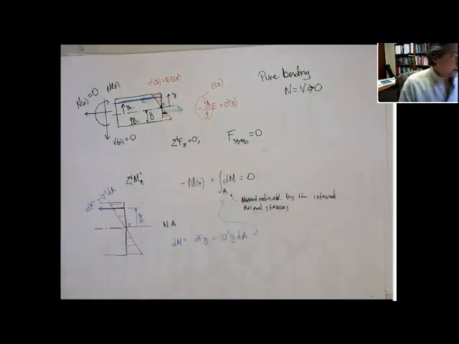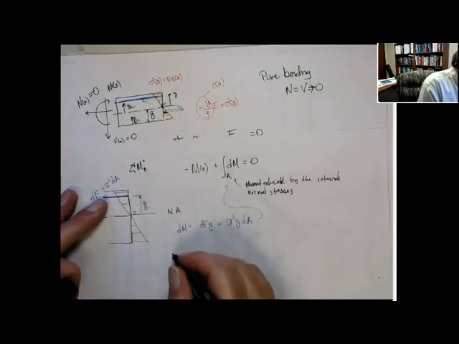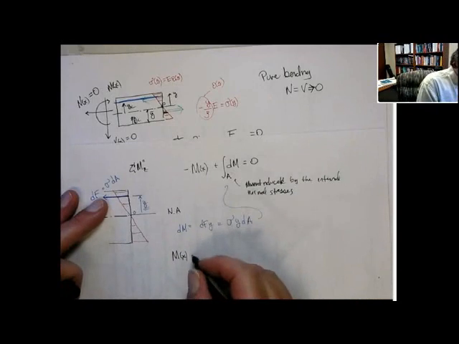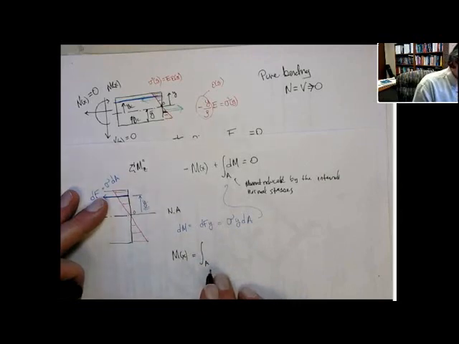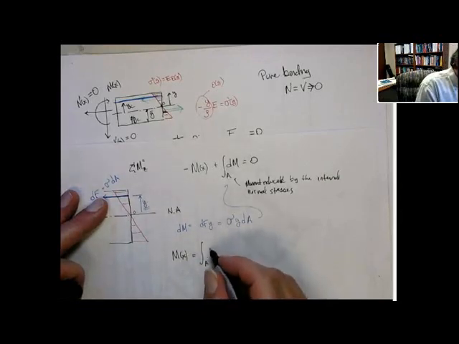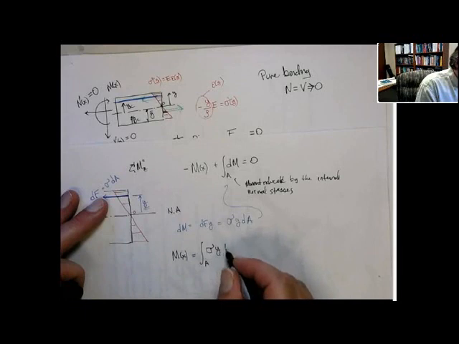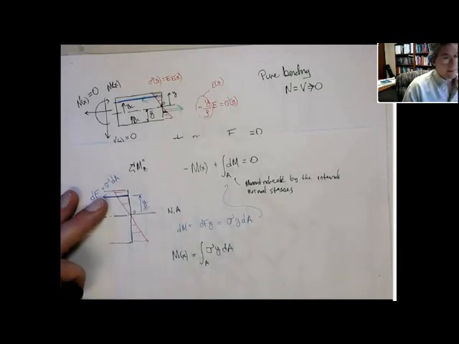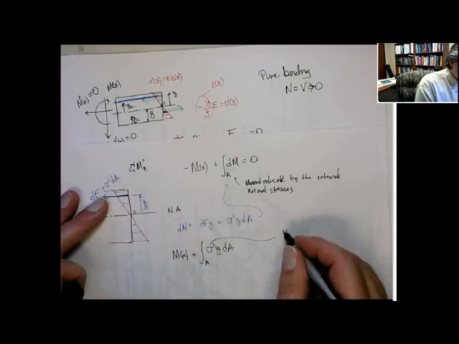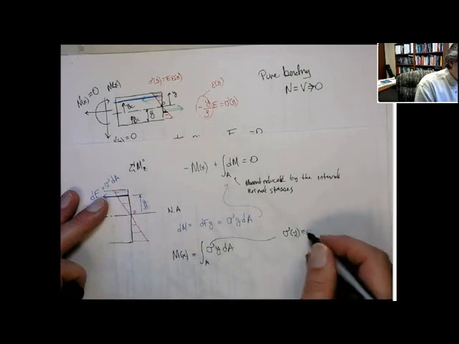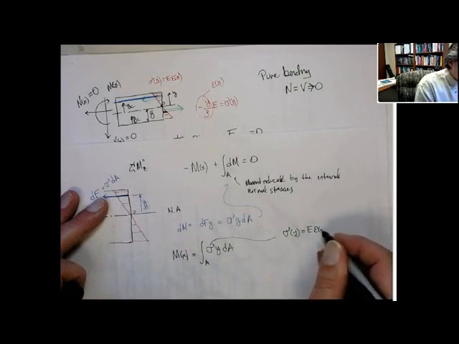what do we get? Now we have the moment, bringing this to the right-hand side, equal to the integral over the area. So this internal reaction moment is equal to the integral over the area of the differential moment, which is stress times y. Now we know the stress distribution. Stress is a function of y. This is equal to Young's modulus times the strain.